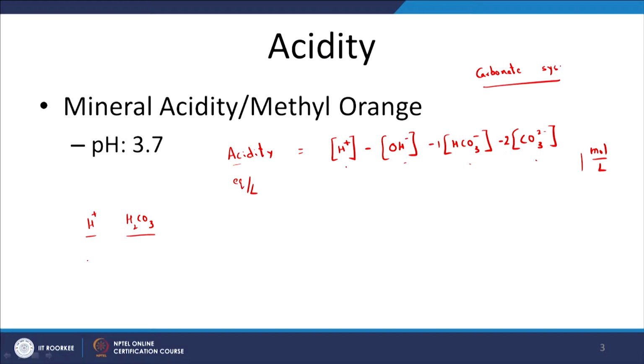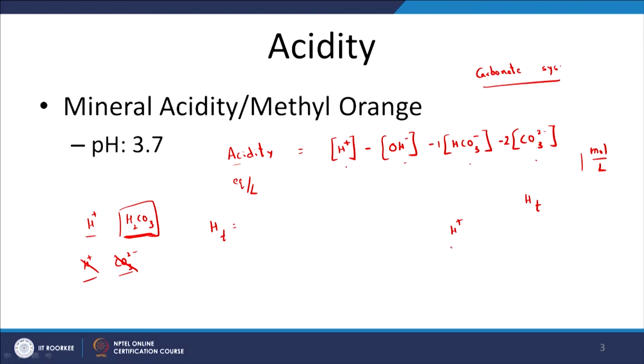Usually, if you remember, whenever we analyze the system we take H plus and the most deprotonated form, which is CO3 2 minus, as our components. But because our reference is H2CO3, since we are trying to not measure H2CO3, we are going to look at the system in terms of H2CO3 and not CO3 2 minus. So if that is the case, let me write it down in the form of a tableau. What are the species that you would expect?